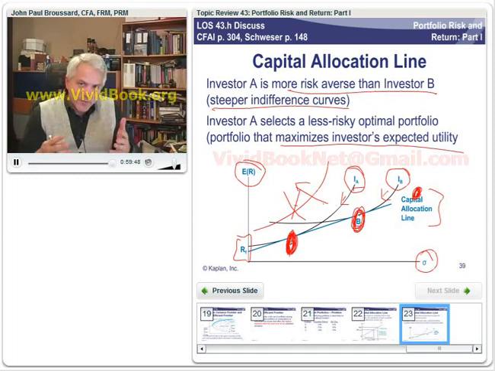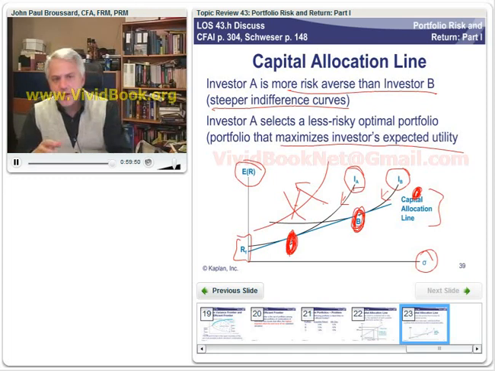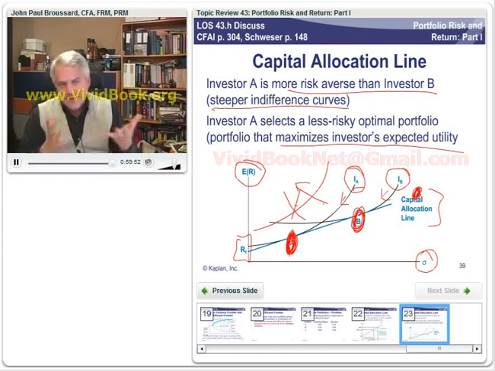Another thing to remember is that as long as you have an investment or an asset that has less than perfect positive correlation with an existing portfolio of assets, you can benefit from diversification by adding that asset to the existing portfolio, because we reduce risk.